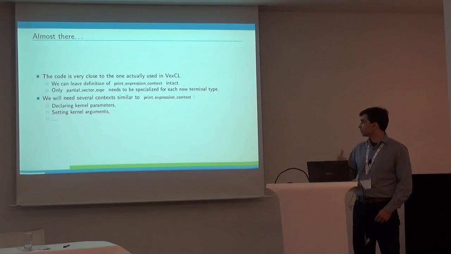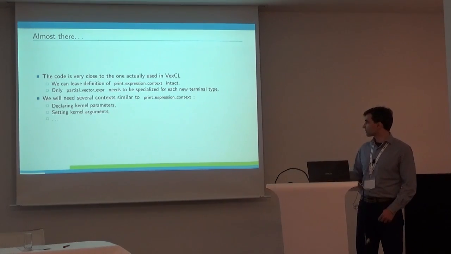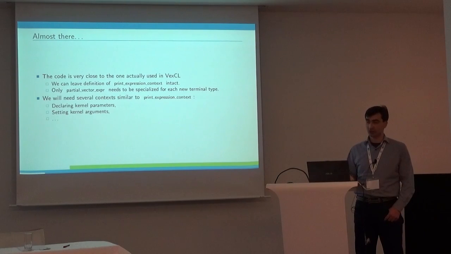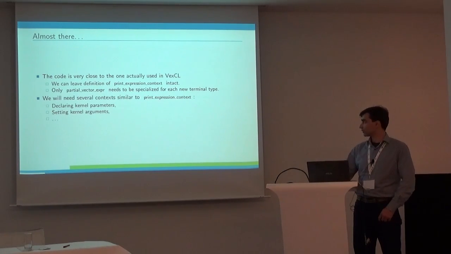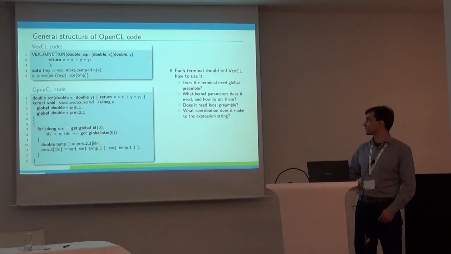Okay, and then we need some more context to be defined aside from this print expression context. We have to know how to define kernel parameters. We have to know how to set kernel arguments, etc. But basically, it's what is done in VexCL.